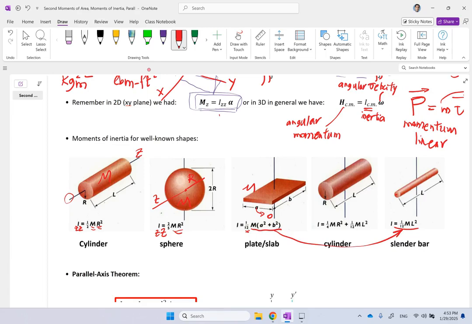And if you have the cylinder, but you want it about this axis, so if this is the y-axis and this is z, then Iyy is 1/4 mr squared plus 1/12 ml squared, which is basically this term plus something like that, but not exactly. And what about the x-axis? What is Ixx? Remember, the shape is symmetric about x and y together, so this should be the same as Iyy.